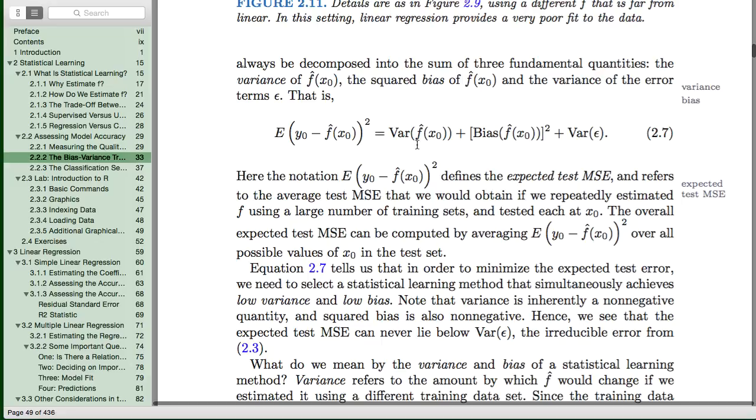And we're going to exploit the meaning of this to figure out a very important trade-off that we have to make when we're deciding what the best machine is to use. So that trade-off is the trade-off between variance and bias. So the way it works is this. The expected test MSE, by the way, is different from the training MSE.